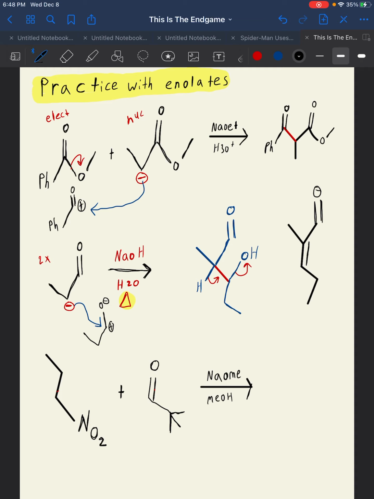Count your carbons once again just to make sure. 1, 2, 3, 4, 5. 1, 2, 3, 4, 5. And then make sure you form that conjugated system with the oxygen when you form your condensation product.